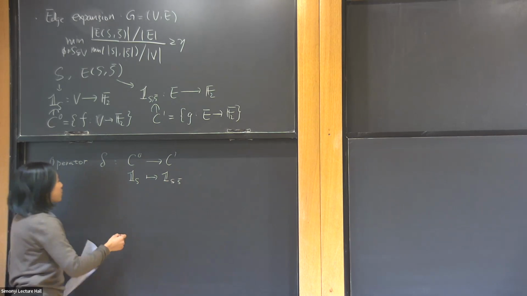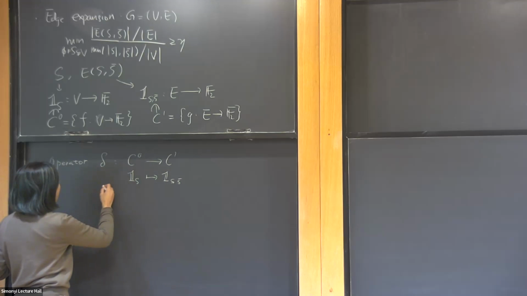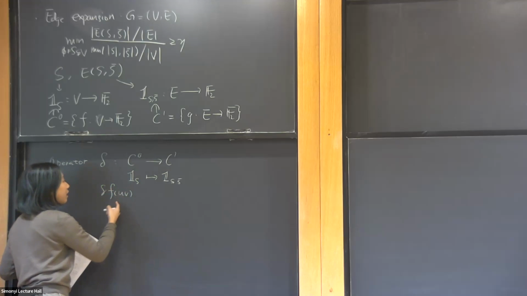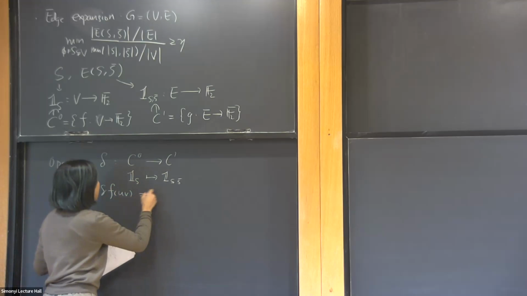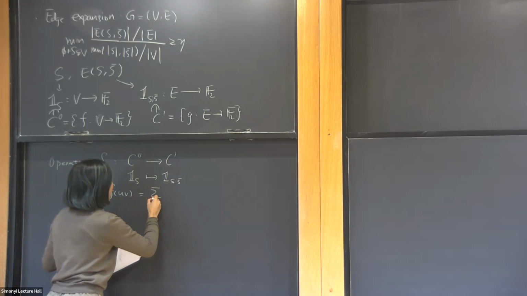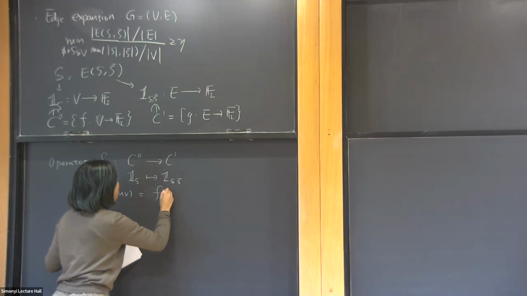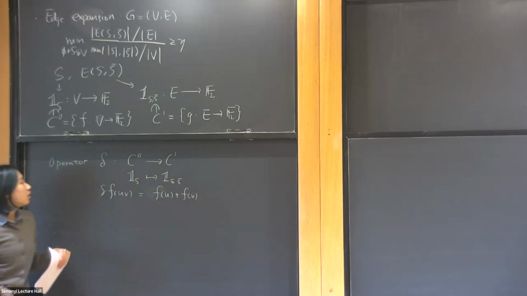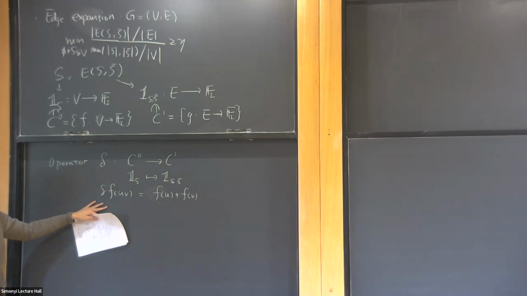To write it more explicitly, if I have delta applied to a function f over vertices, and I evaluate it over an edge, it is equal to f(u) plus f(v). Very simple. I want to make two comments.